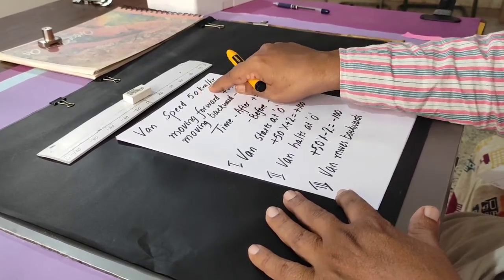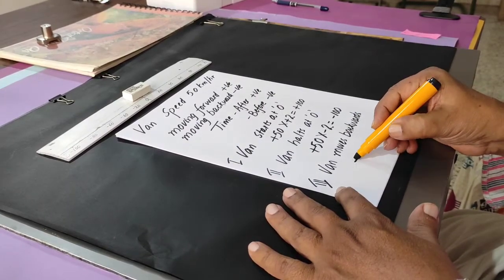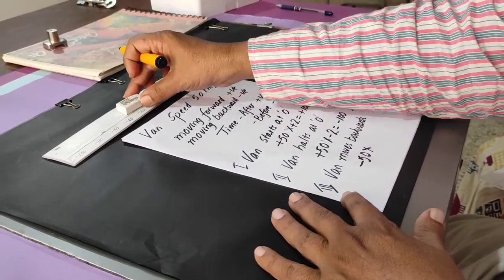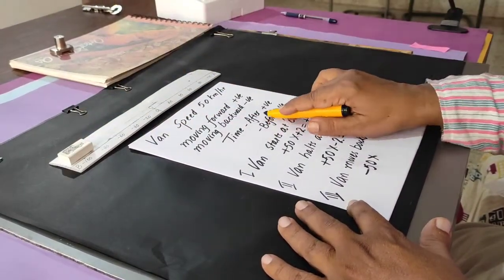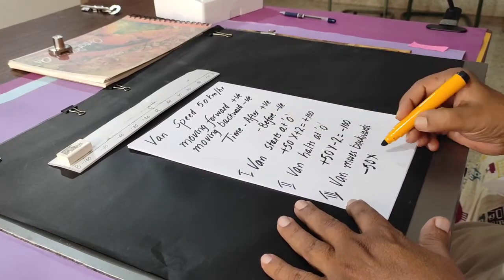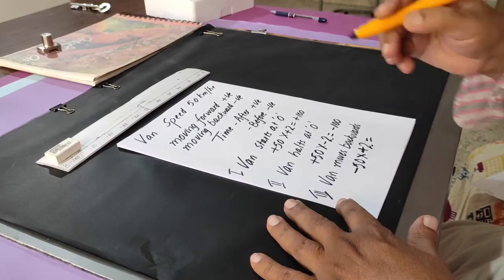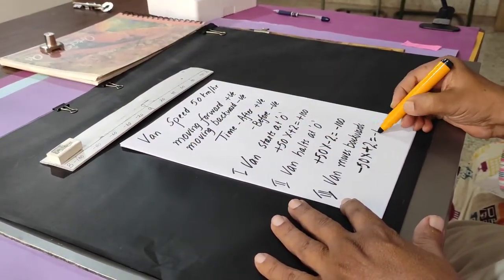It is moving at 50 kilometers per hour, so its speed will be minus 50. When it is moving backwards, after 2 hours, where will it be? After 2 hours means positive, so it is plus 2. So after 2 hours, definitely it will be at minus 100. That's why it is minus 100.